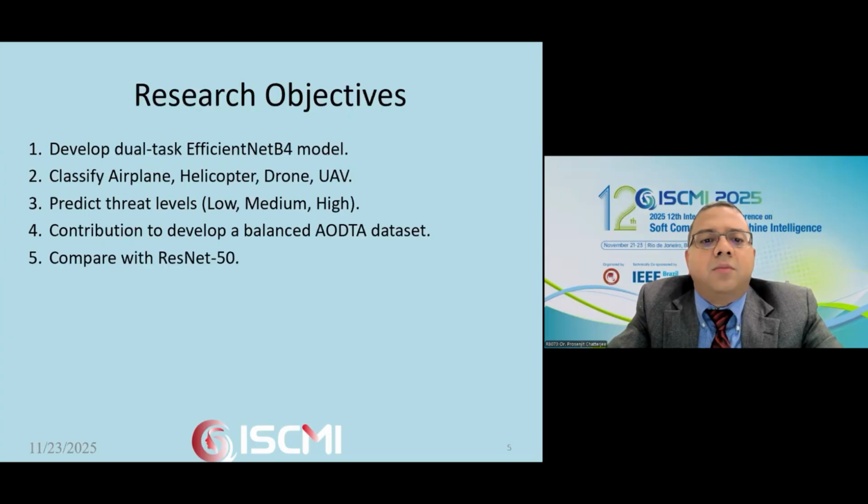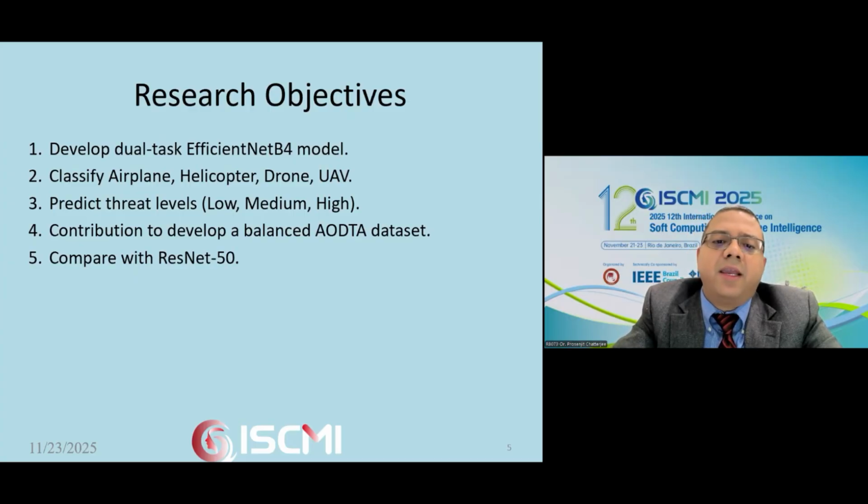So now, the research objective is to build a dual-task EfficientNet-B0 model, which accurately classifies airplane, helicopter, drone, and UAV objects, and predicts three levels of threat: low, medium, and high.